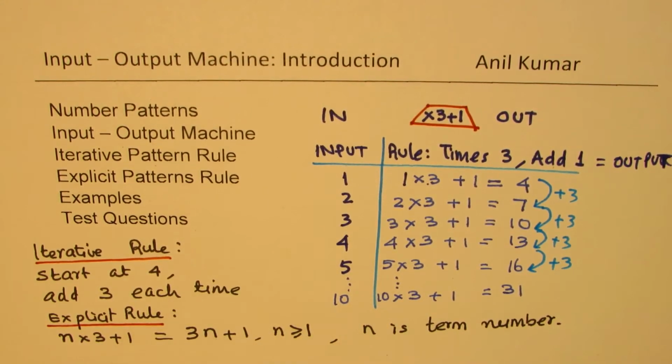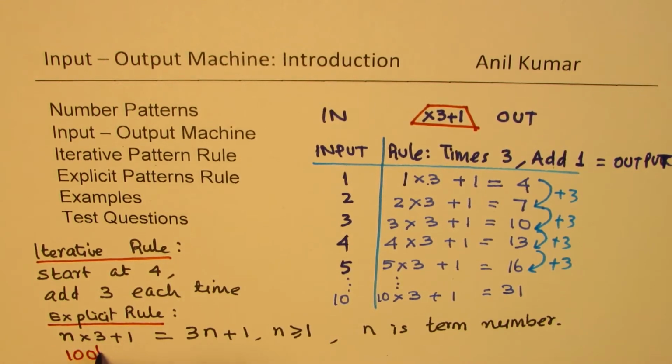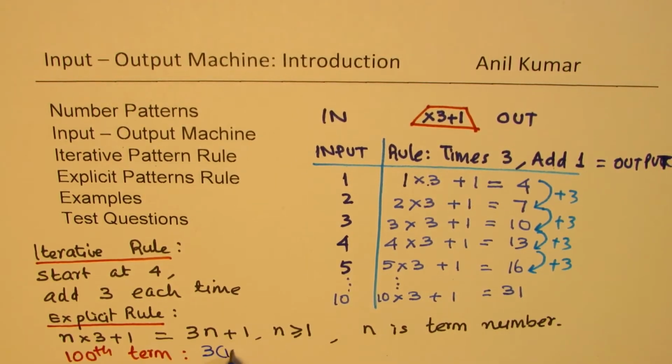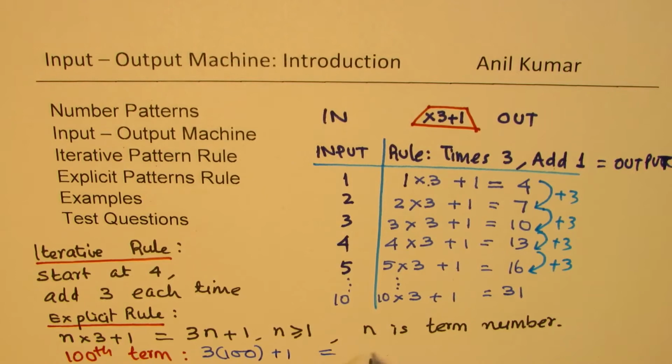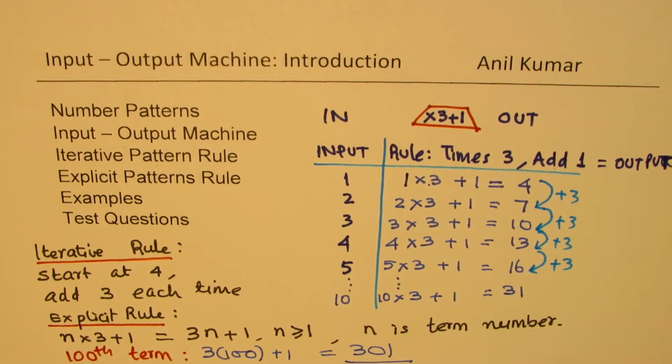Perfect. So in this case, if my question is, what is the 100th term? 100th term will be 3 times 100 plus 1 or 301. Is that clear to you? So that is how we relate all these numbers.